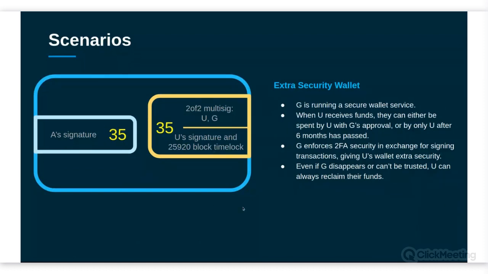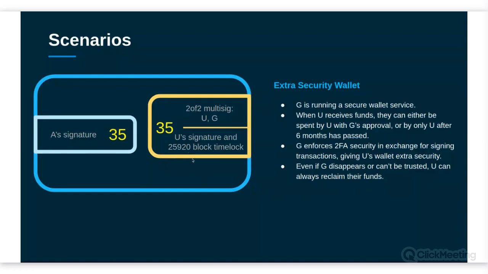So when funds are sent to the user's wallet, there are two different spend conditions. The first is that the user and the Green servers can both provide their signature to spend the funds, or the user can provide their signature only after a time lock, after a certain amount of time has passed.